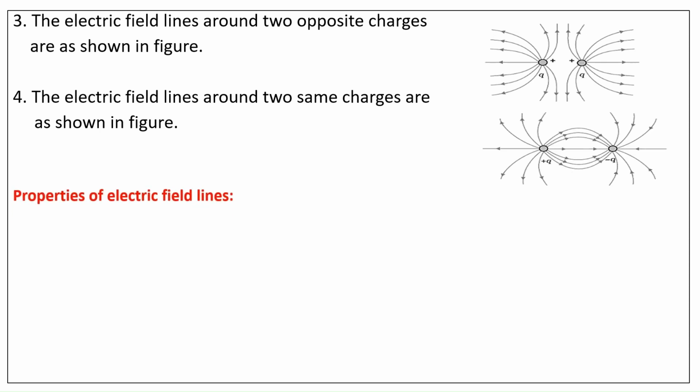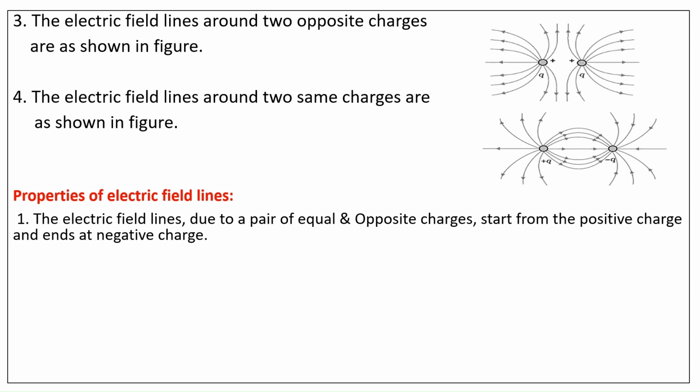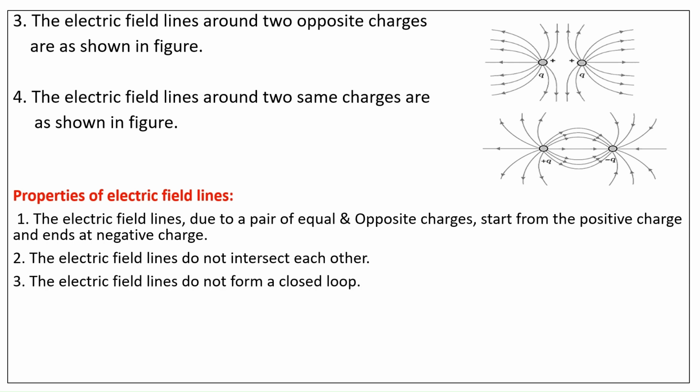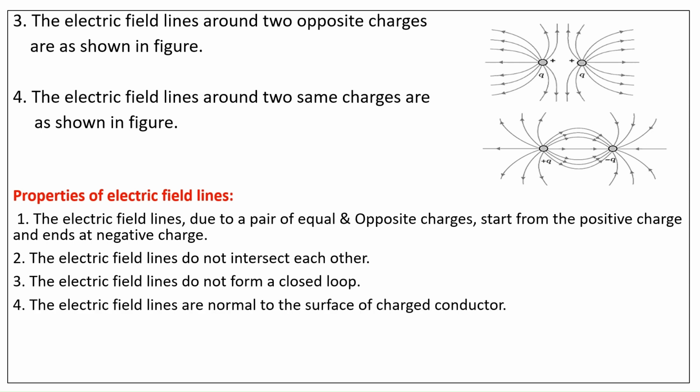Properties of electric field lines. 1. The electric field lines, due to a pair of equal and opposite charges, start from the positive charge and end at the negative charge. 2. The electric field lines do not intersect each other. 3. The electric field lines do not form a closed loop. 4.